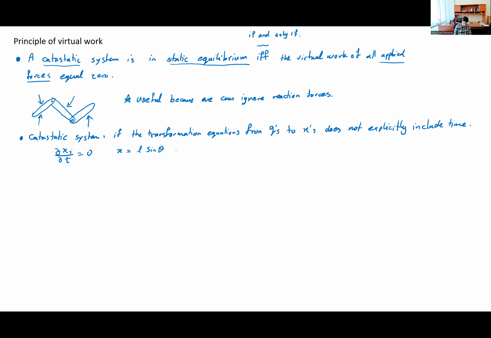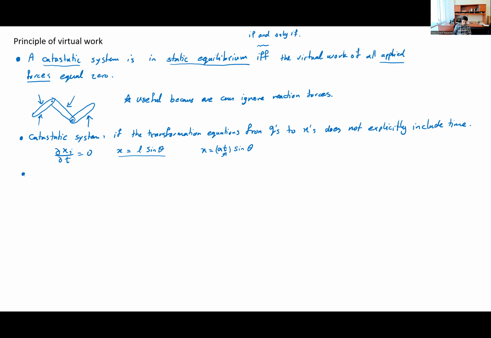But if L is different, so x is some, I don't know, a(t) sine of theta, when time shows up explicitly, now the system is what it's called, acatastatic, I think. So here we're talking about systems such that time doesn't show up in transformation equations.